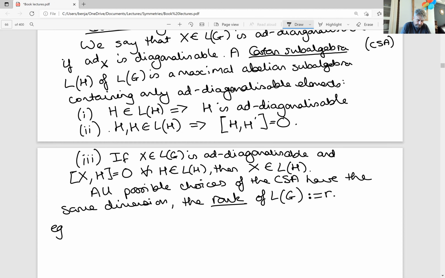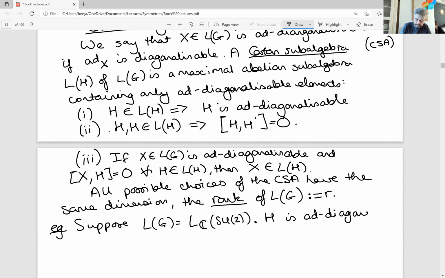So for example, suppose our Lie algebra is the complexified form of SU2. If you remember this, we had three elements of the Lie algebra. H is ad-diagonalizable, but E plus or minus are not ad-diagonalizable.